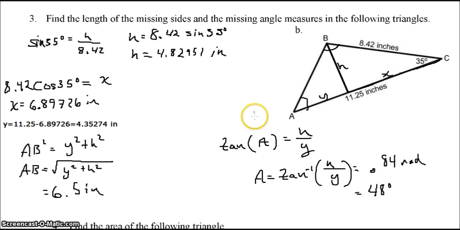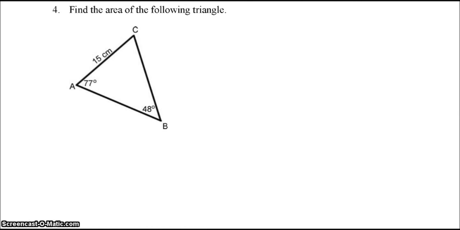And that's 48 degrees. And then angle B would just be 180 minus 48 minus 35, or 97 degrees. Now we found everything about that triangle.